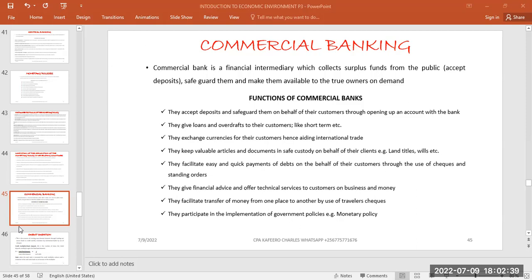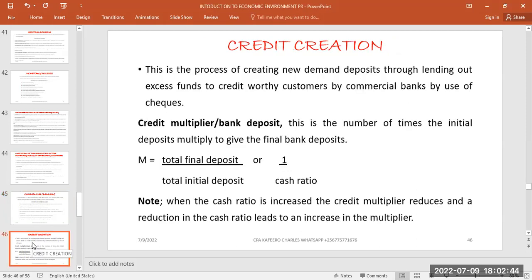So we can try to look at credit creation. This is a system within the commercial banks, and this is how they get the money that they are giving to the public, and that's how they get paid also.